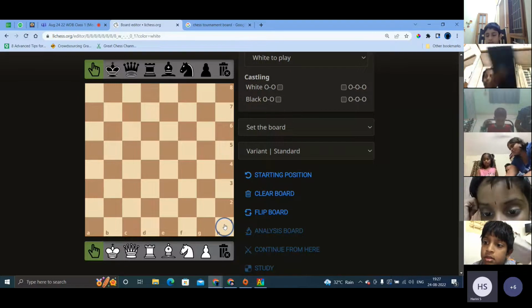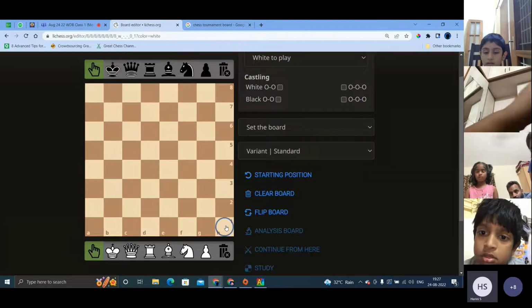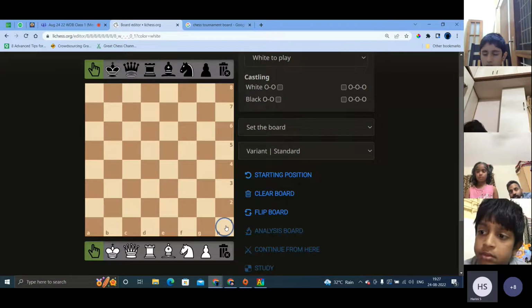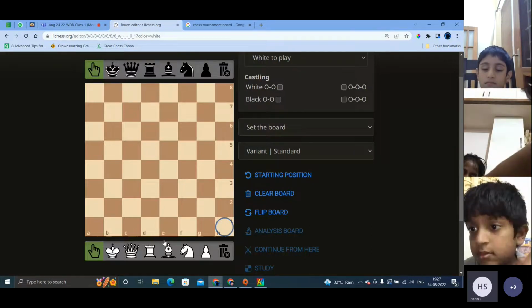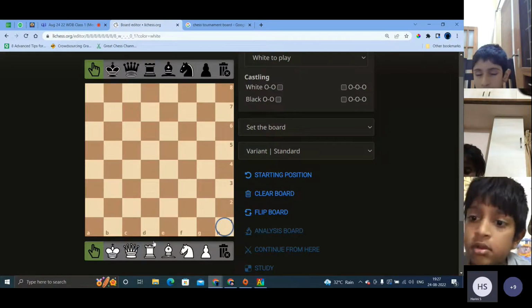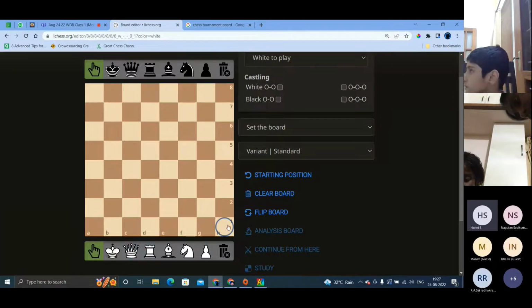So when you play a game, first thing you will note is, is there a light square in my right hand corner? Okay, and then your opponent will be sitting here. See, if it is a game, you will be sitting here, and then for you this is the right side, and this is the light square.